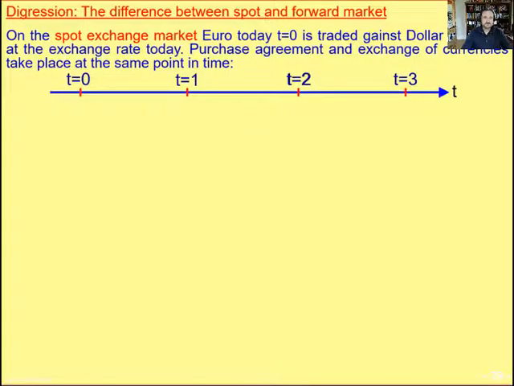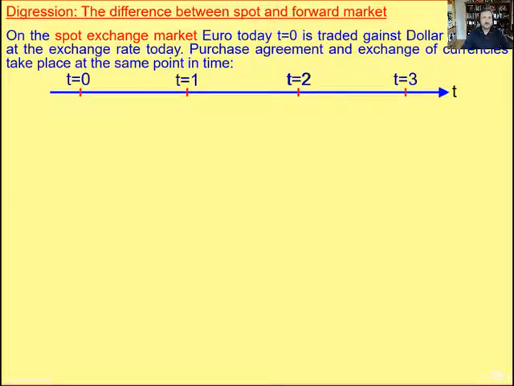Since investment in interest-bearing assets always takes place over time, we have to take an intertemporal perspective on foreign exchange markets now. So far, we have discussed the so-called spot exchange market. This is the market where different currencies are traded against each other today.